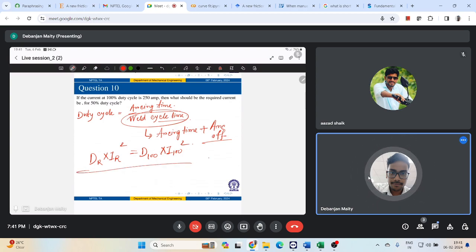This is my equation through which I can evaluate the welding current which can be drawn at a duty cycle. So if my question says the current at 100% duty cycle is 250 amp, what should be the required current for 50% duty cycle?